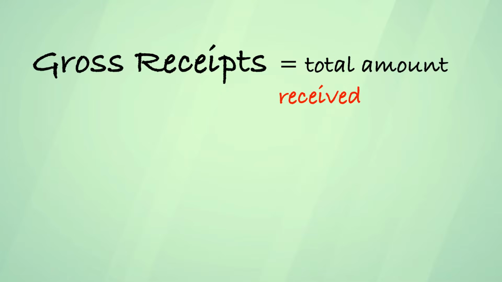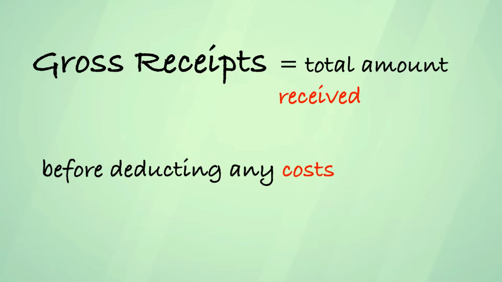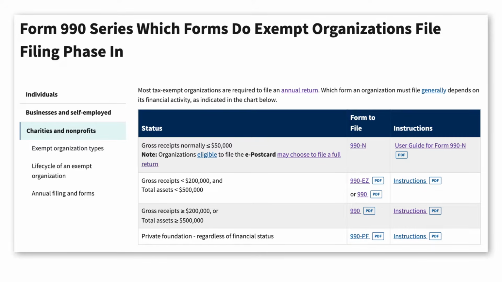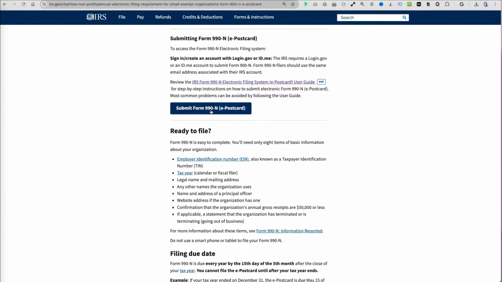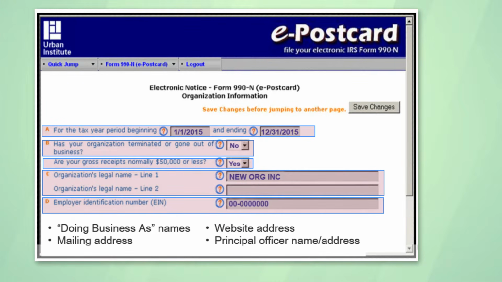Gross receipts are the total amount received from all sources before deducting any costs or expenses. Smaller organizations with less than $50,000 in annual gross receipts can file Form 990-N, also known as the e-postcard. This brief form takes only a few minutes to complete, but must be filed electronically.